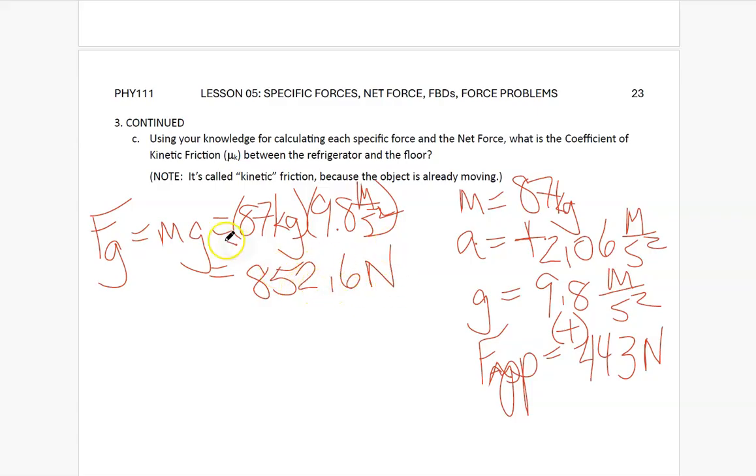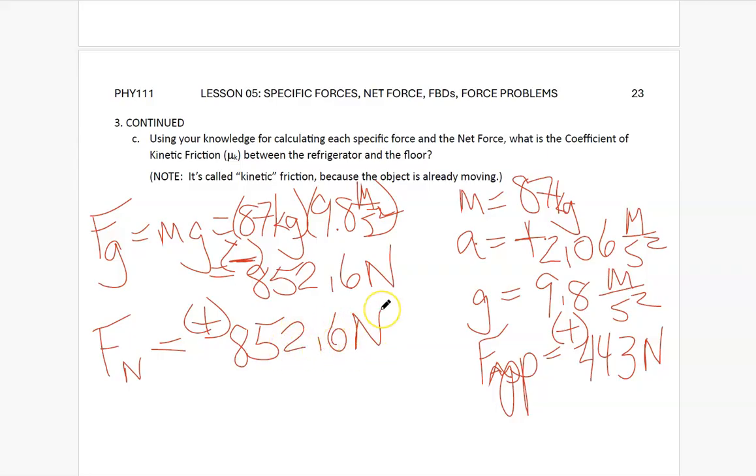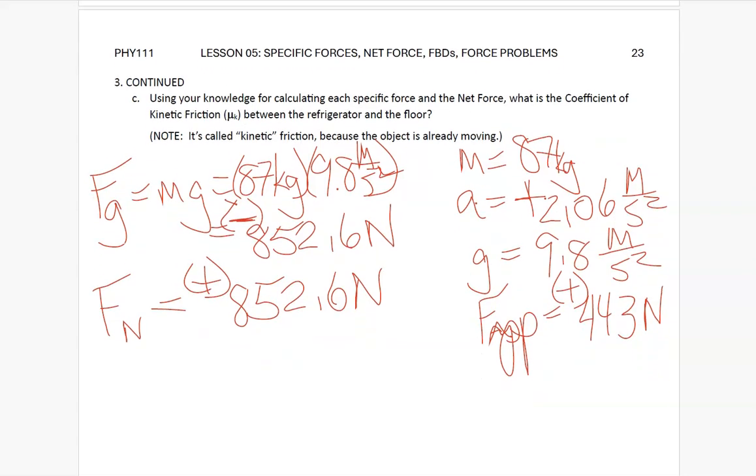And we make a little reminder, it's in the negative direction. All right. The normal force is the only force balancing the weight force. So we know it must be a positive direction, 852.6 newtons. Great, we have three forces already now, so we're doing really well at this point.